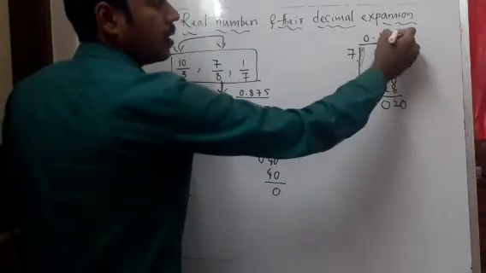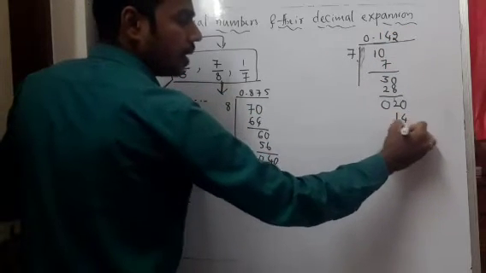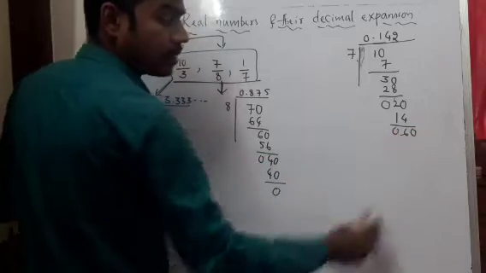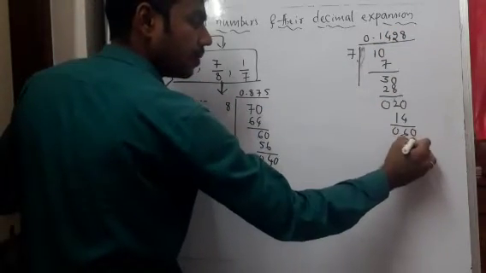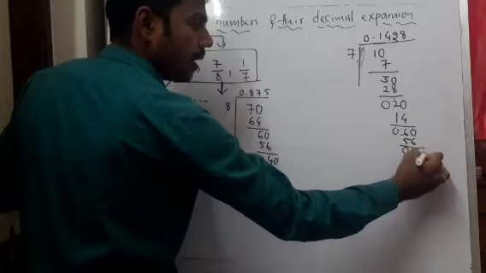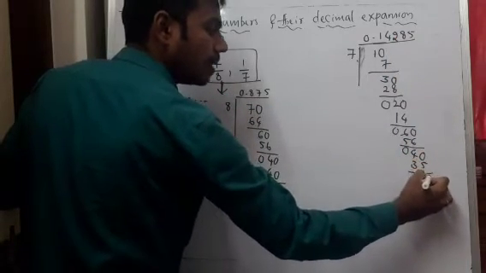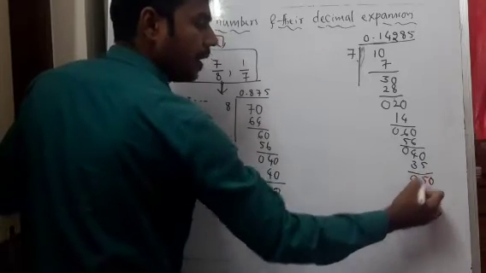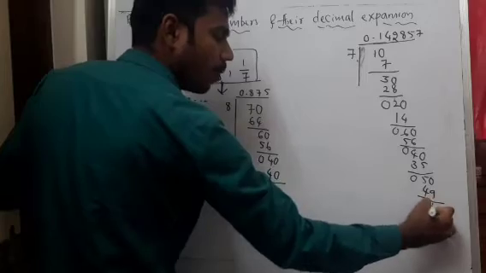Next, 7 2s are 14. 6 is the remainder, 60. 7 8s are 56. 4 is the remainder. 7 5s are 35. 5 is the remainder, 50. 7 7s are 49. 1 is the remainder.